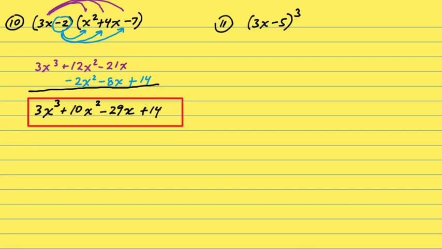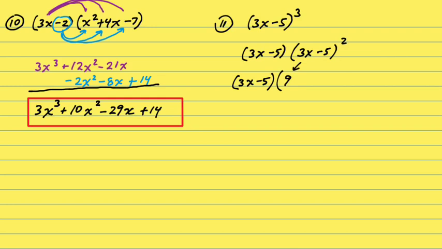In 11, you have a quantity cubed. I hope you're aware that if it's to the third, that means one of them times the other one squared. You could write it out all 3 times and distribute if you wished, but I'm kind of hoping you'll learn the rules for squaring a binomial.